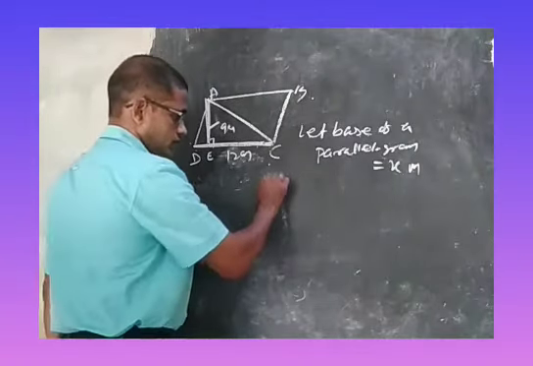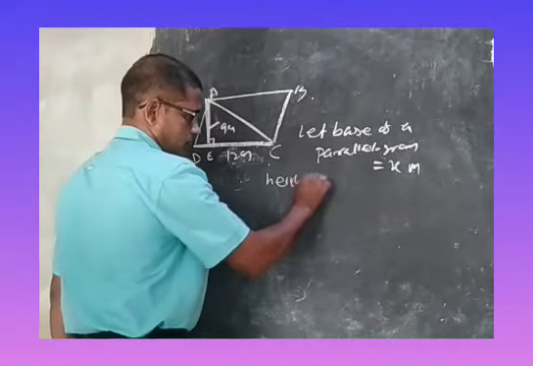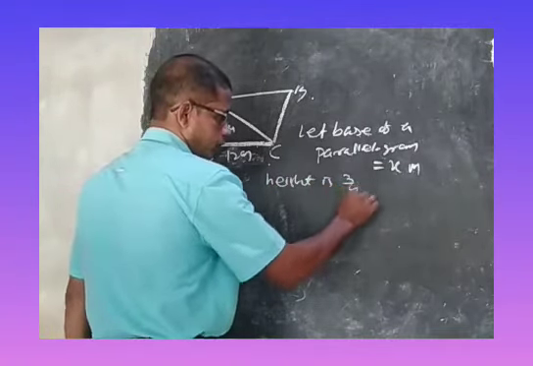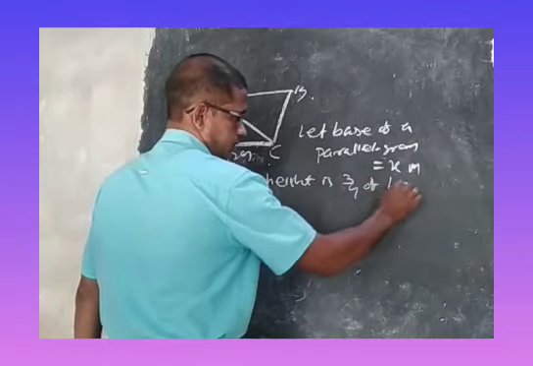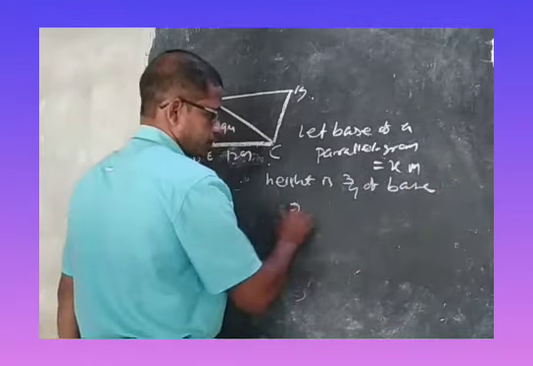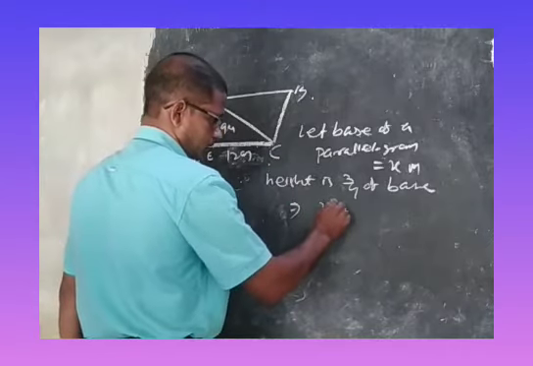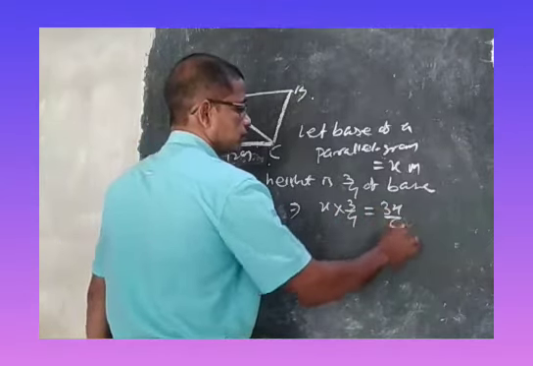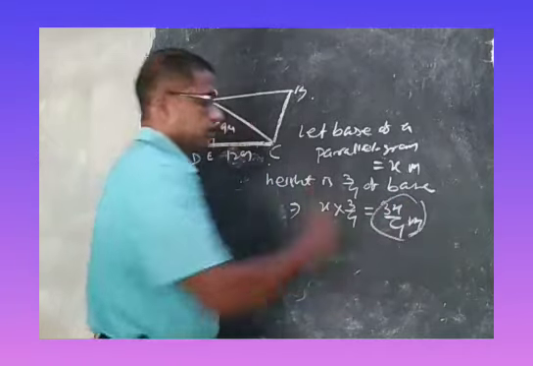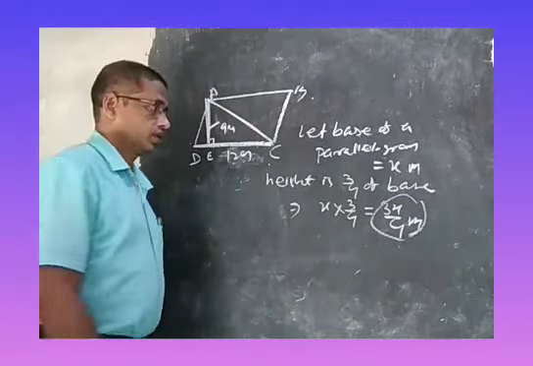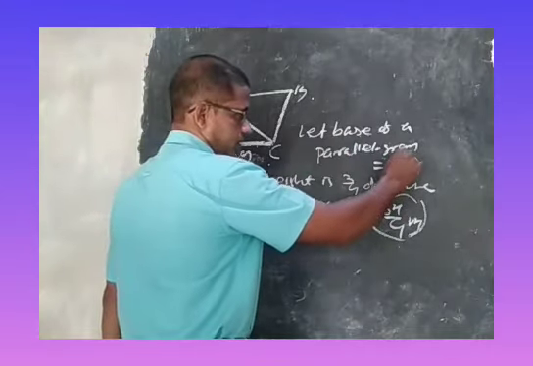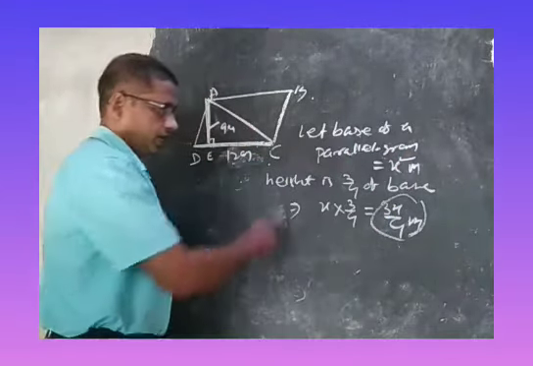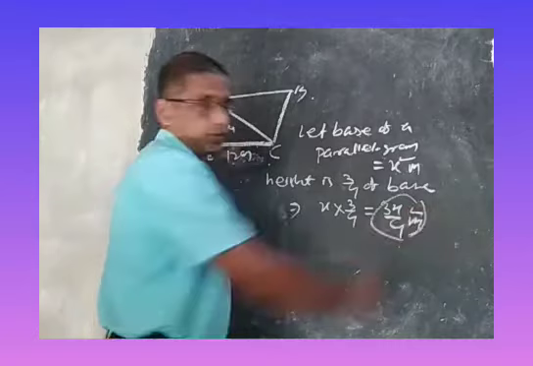Then height is 3/4 of the base. That means x into 3/4 equal to 3x by 4 meter is the height of the parallelogram. Here base is x meter and height is 3x by 4 meter.